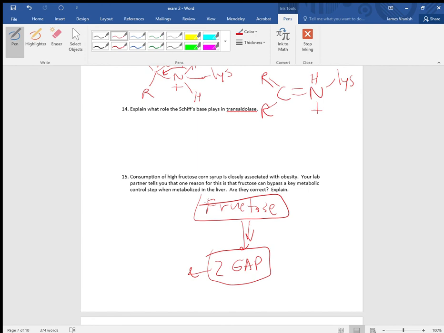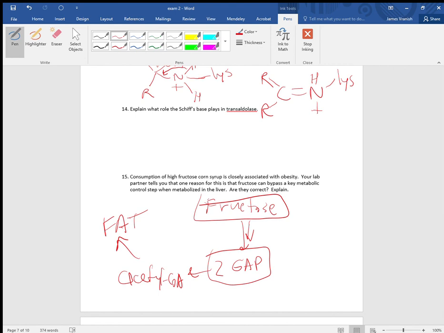You know, remember acetyl-CoA, right? Where is acetyl-CoA located? Bottom of glycolysis, right? So basically, fructose is able to be turned into acetyl-CoA, which then gets turned into fat in our body, essentially without control. Right?